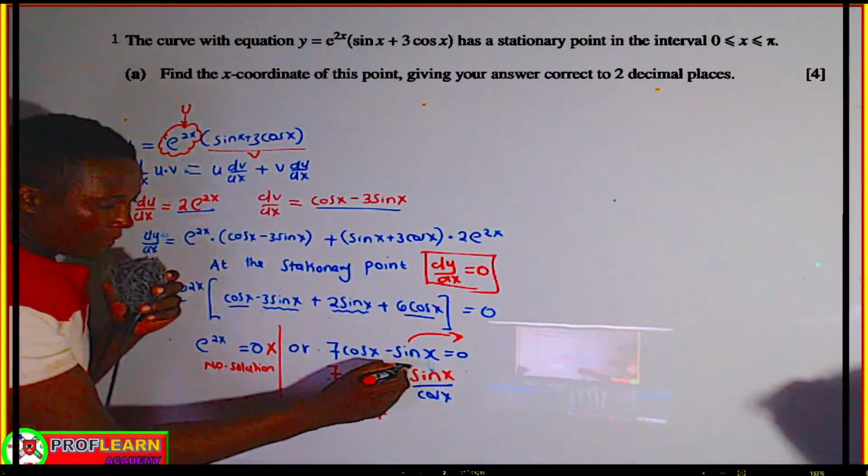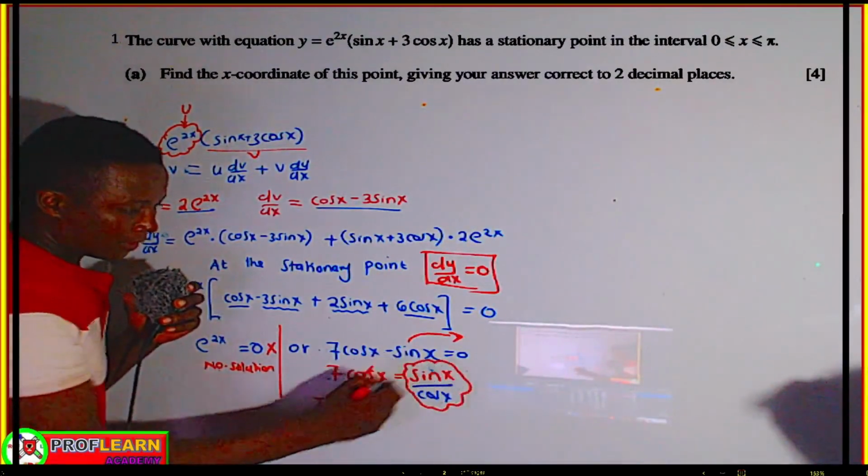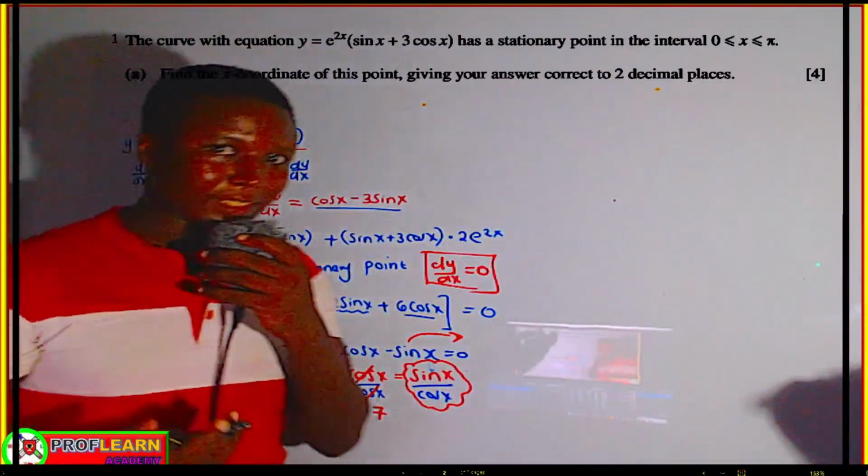So this term that we have in here, sin x over cos x, is actually tan x.